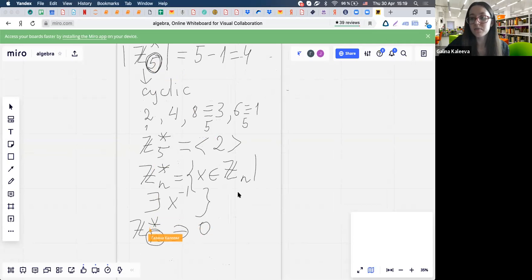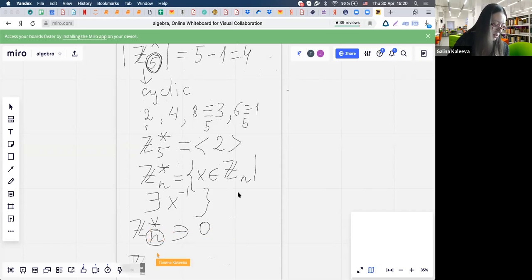In the lecture, Dima explained that if n is a prime number, and here we have prime number 5, the set of all the remainders which have multiplicative inverse remainders is the set of all numbers except 0.